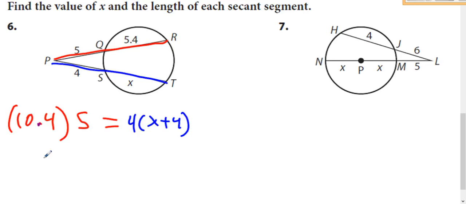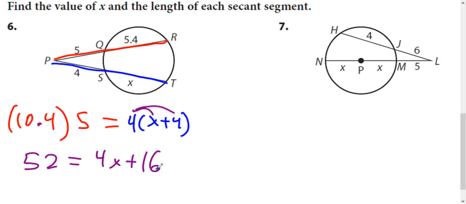So 10.4 times 5 is 52. Distribute, you get 4x plus 16. Subtract the 16, you get 36. And divide. You get x equals 9.